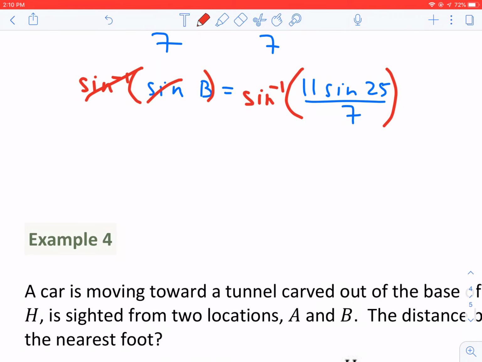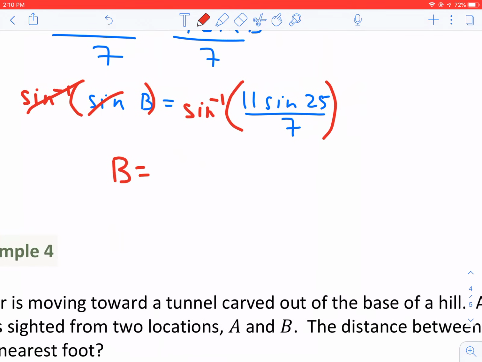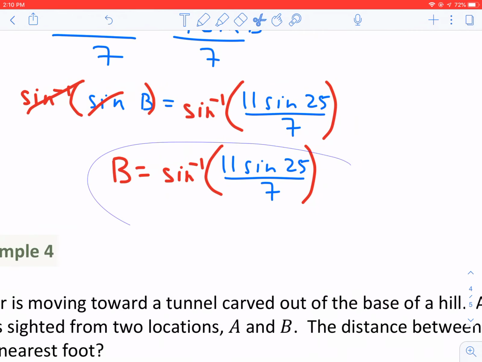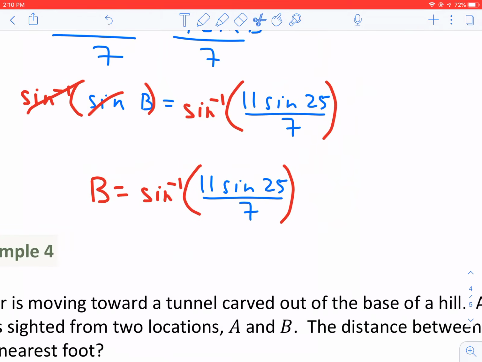And now I can say that B equals all of this, and that is what I would type into my calculator. All right, that's equal to the inverse sine of all of that. So trig inverse sine, inside the parentheses, I'm going to have control divide, make it a fraction, 11 sine of 25 over 7. All right, I'll just take a quick picture of what it looks like on my camera.